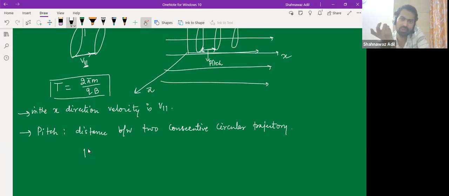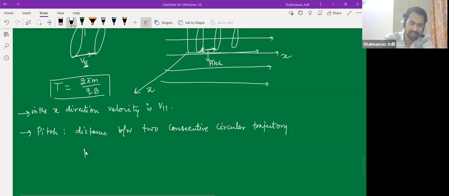Distance is speed into time, right? Yeah, distance is velocity into time.